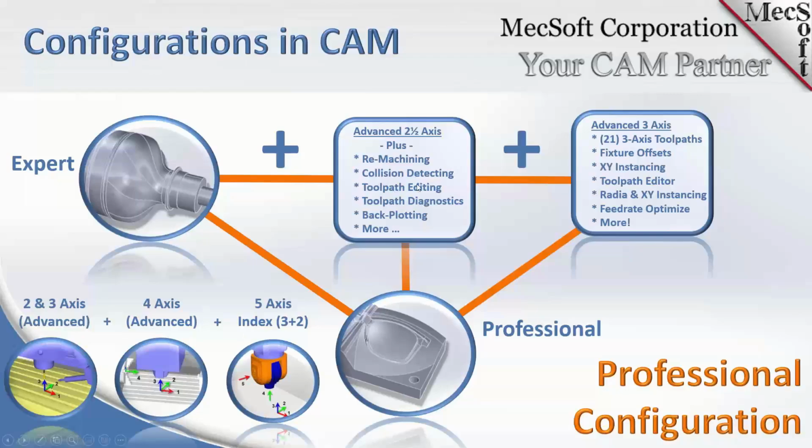You also get toolpath editing, where in lower configurations, you only have what we call a toolpath viewer, where you can view the motions and you can see the coordinates and everything, but you can't edit them until you get to the Professional configuration. As far as the toolpath editing, there's a whole list of things you can do that we don't list here, and we'll show you that.